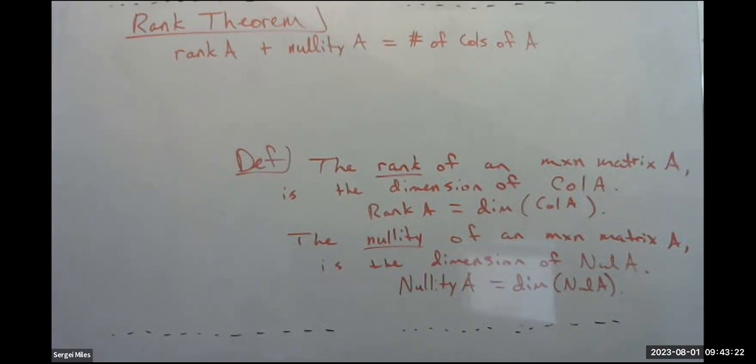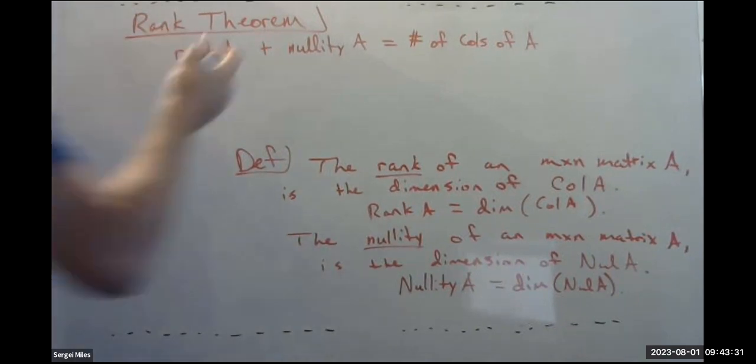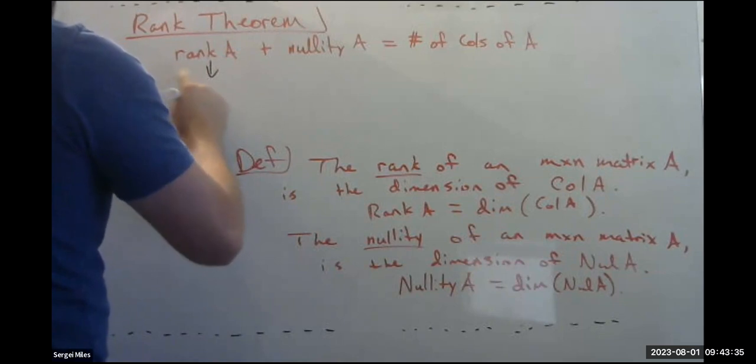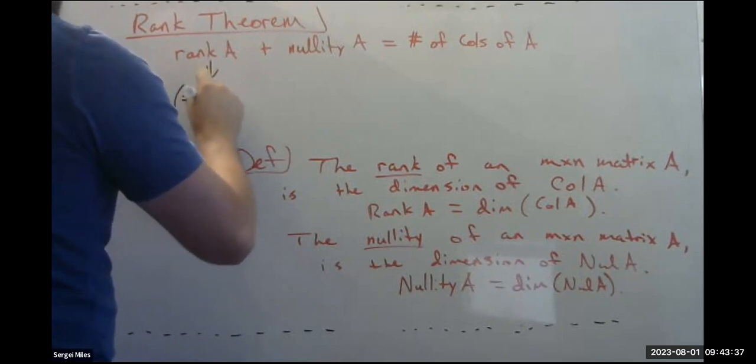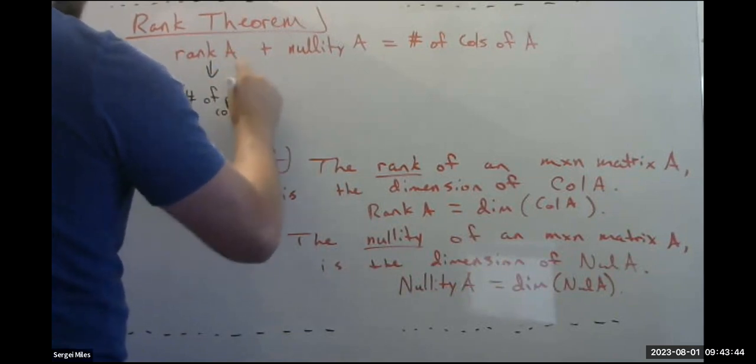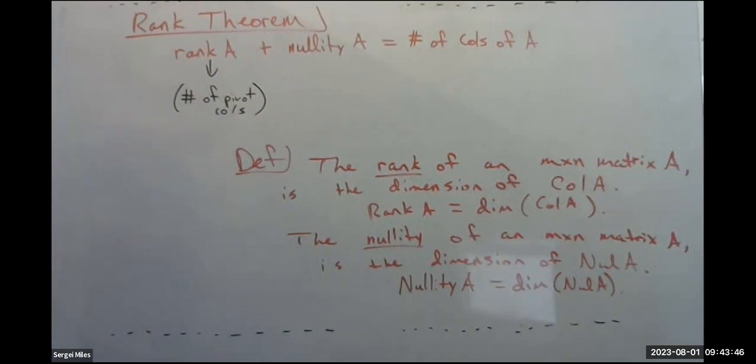The dependent columns, by the spanning set theorem, we can drop and forget about. So really, the rank is the number of pivot columns, right? But we knew that from previous sections.